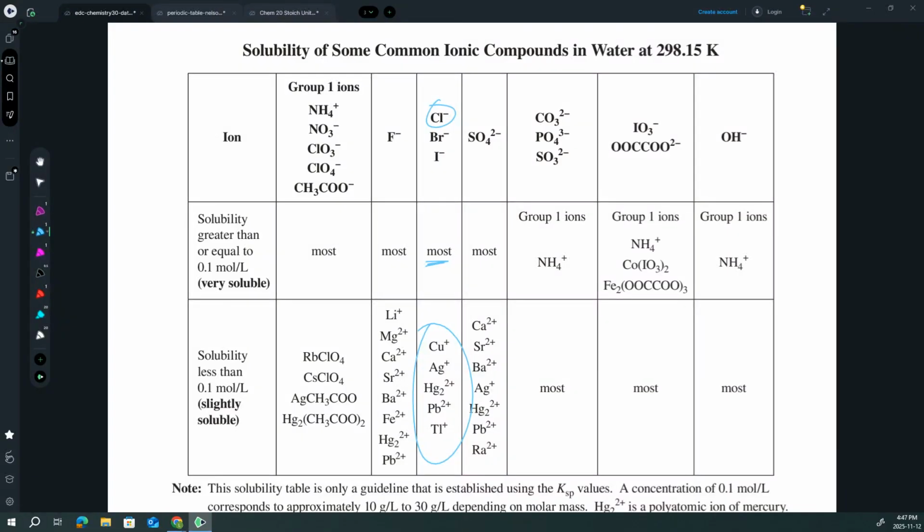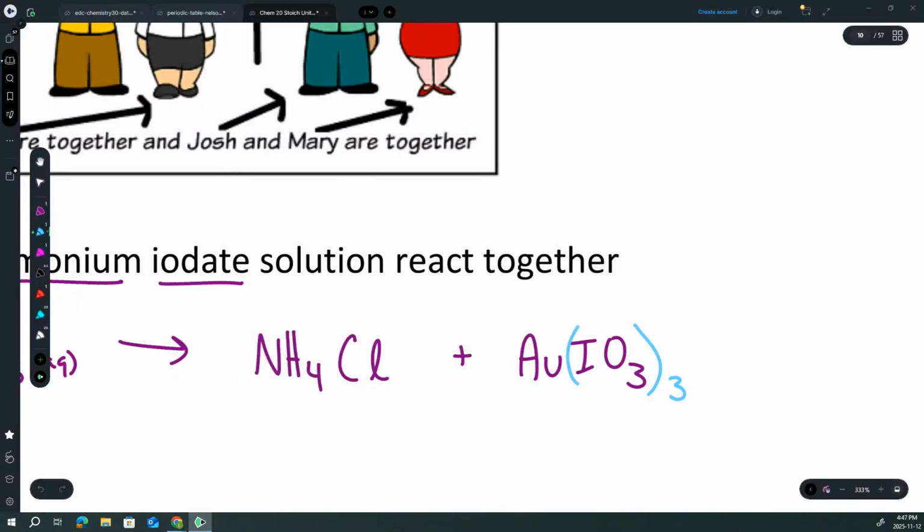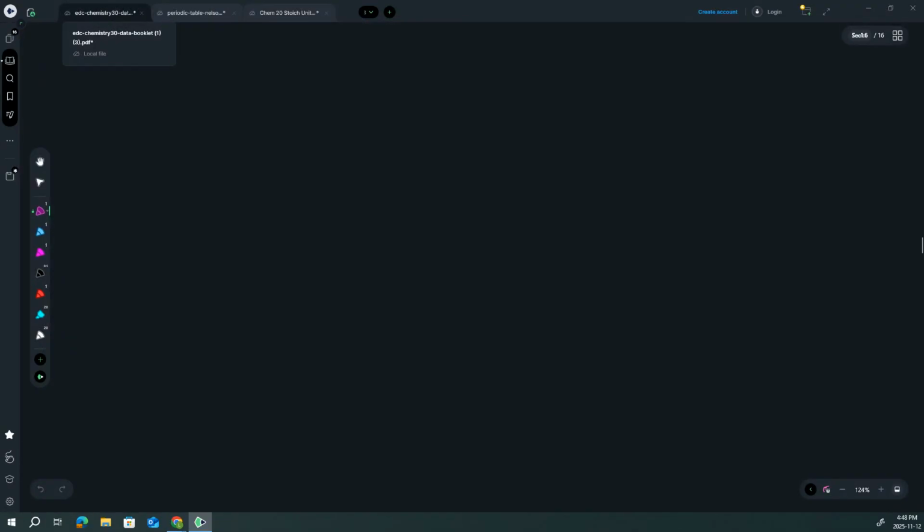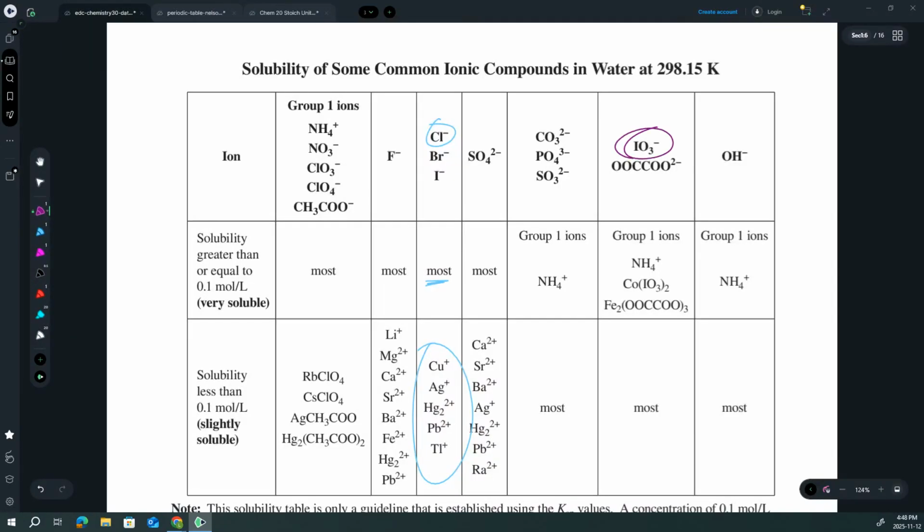It's not, so that one's aqueous. Okay, and gold 3 iodate. Let's see. So iodate is right here. I'm not seeing gold here, so then it's going to fall under most slightly soluble, which just means you put it as a solid state.